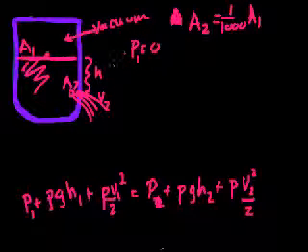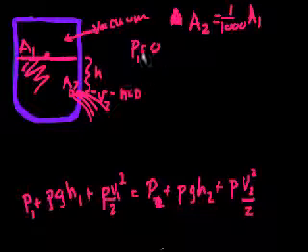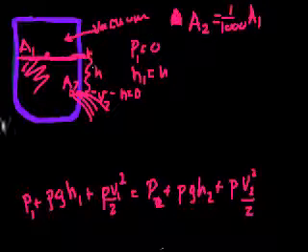What is the input height? Let's assume the hole is at height 0, h equals 0. So the input height, h1, is just h, right?